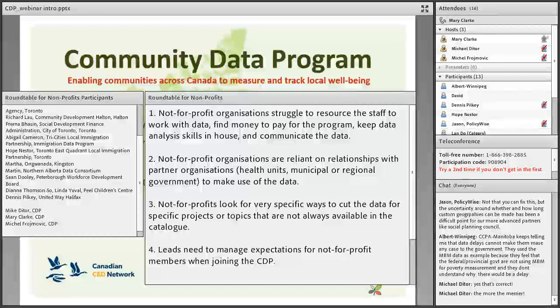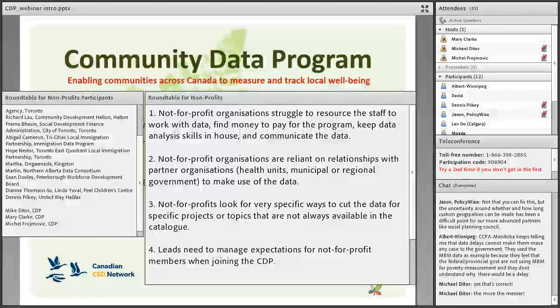So this is really getting at, when you're talking to a not-for-profit, they're clear of what they're doing, they have a clear mission, they have a clear mandate, and they're not used to using data to further that mission. They're not used to using data to support their work. And so being able to bridge that gap and help them understand not only what data is there, but how it's actually going to move their work forward.